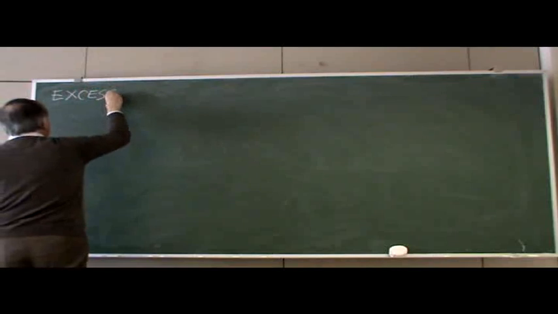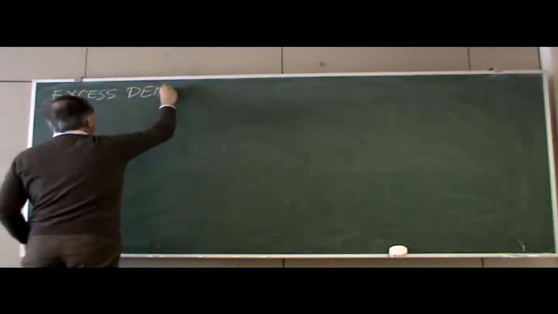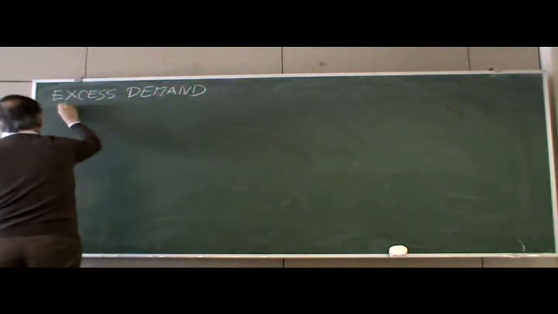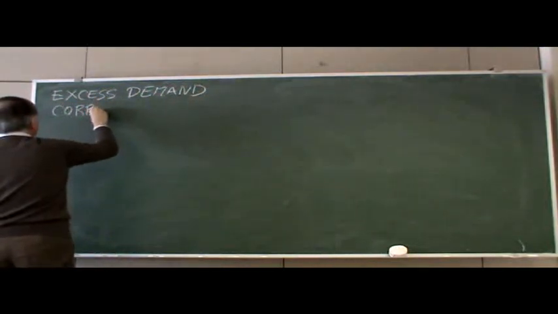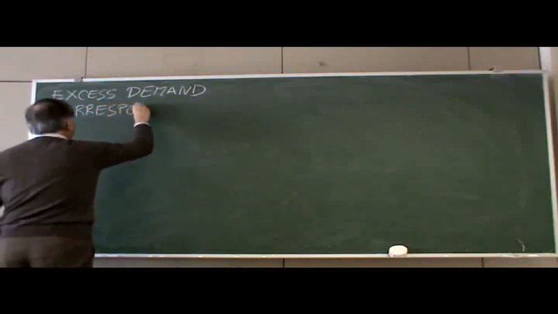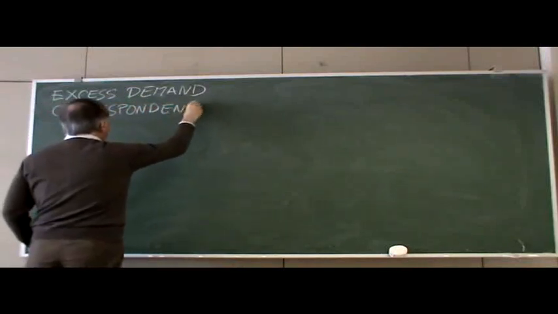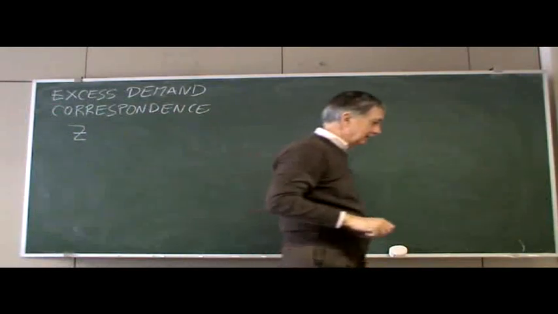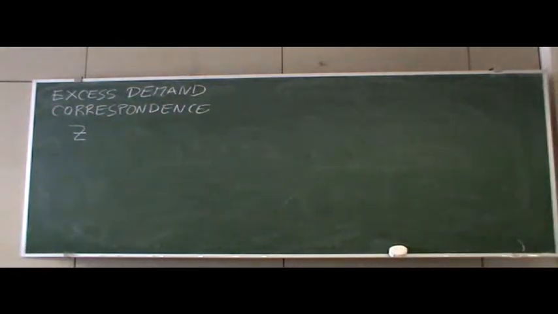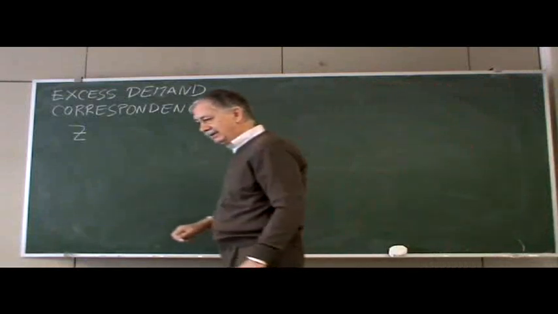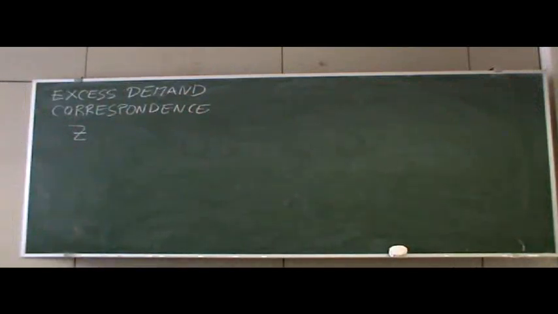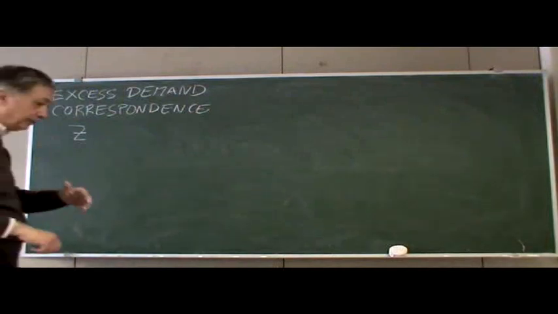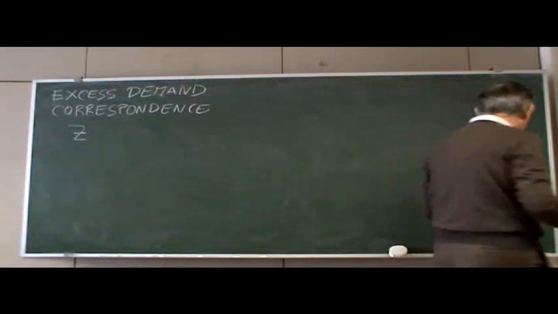Now we shall also define the excess demand correspondence, which will be denoted by Z. This excess demand correspondence is defined by means of the supply and demand correspondences over firms and over households, of goods.